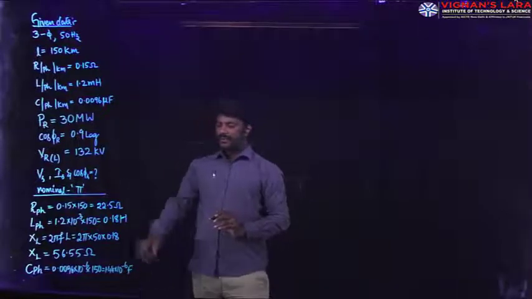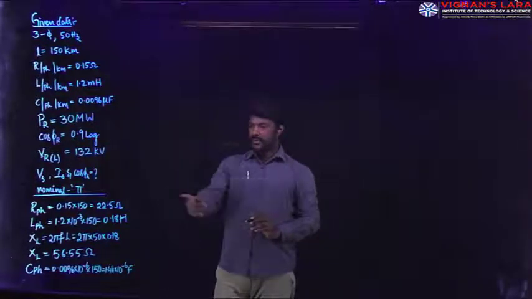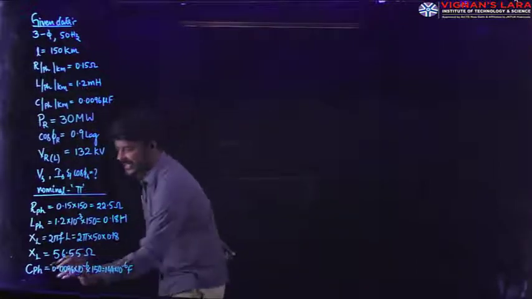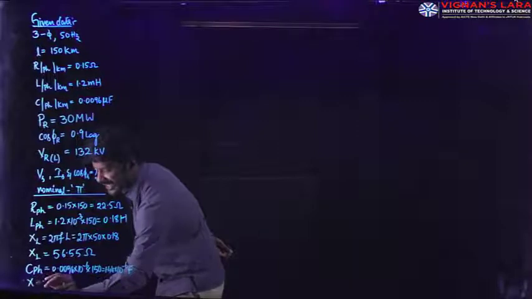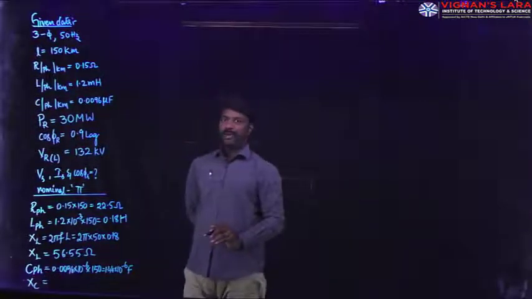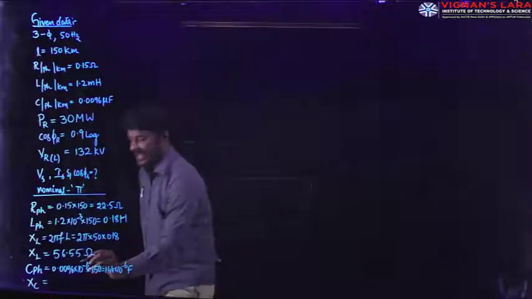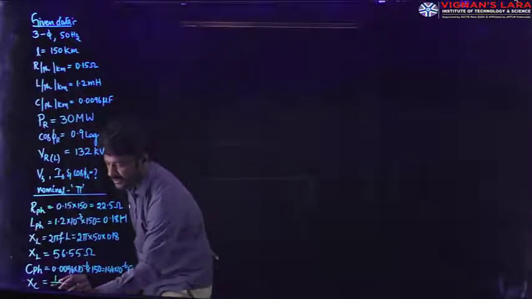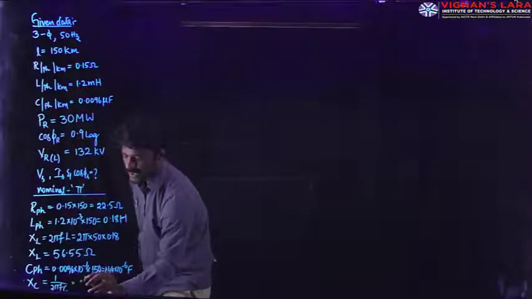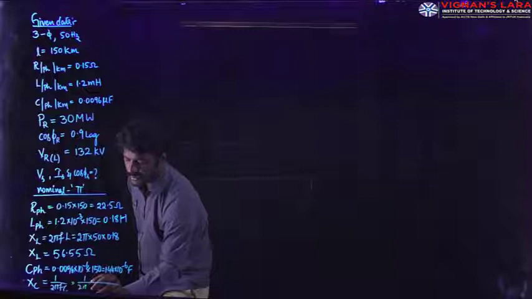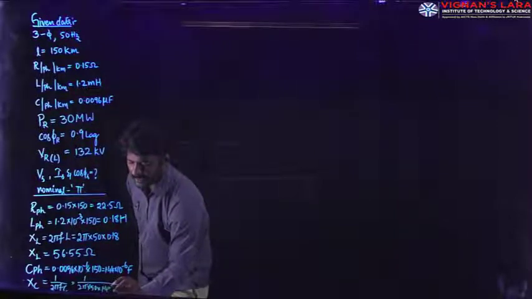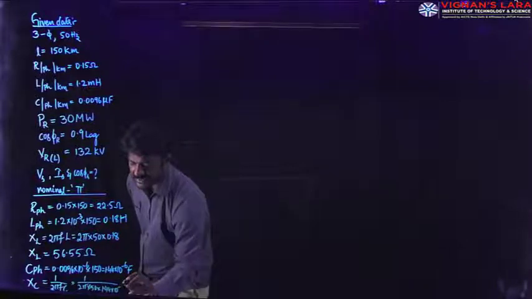We have to convert that XC farads to mho value or ohmic value, since our calculations require it. First I will calculate XC, whose value is equal to 1 by 2 pi FC, which is 1 by 2 pi, F value 50 Hz, C value our calculated 1.44 into 10 power minus 6.